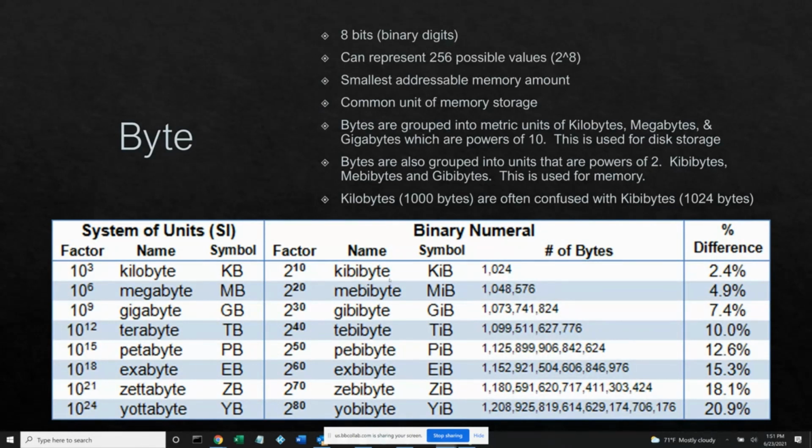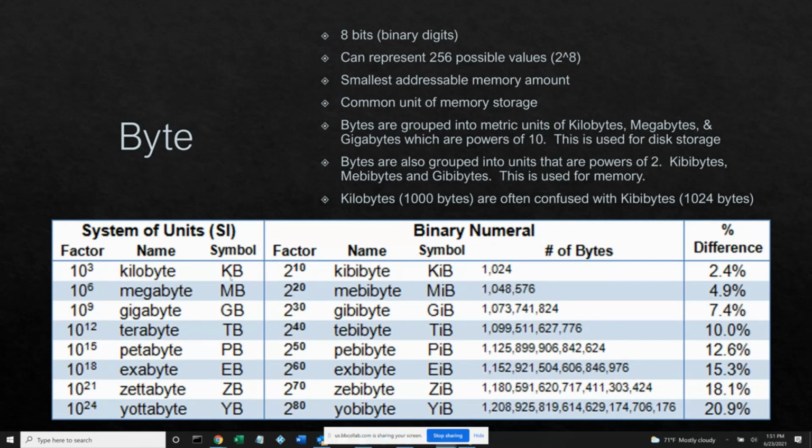That would be kibibyte. Also notice the symbols here. This is KB, this is KiB. And we also have mebibyte, MiB, gibibyte, tebibyte, pebibyte, exbibyte, zebibyte, yobibyte.